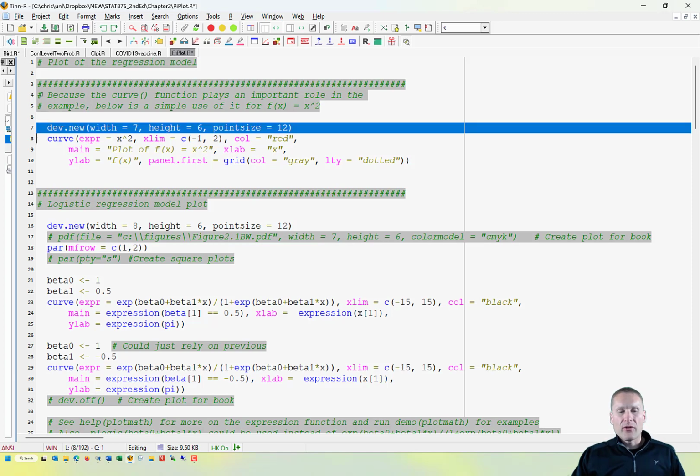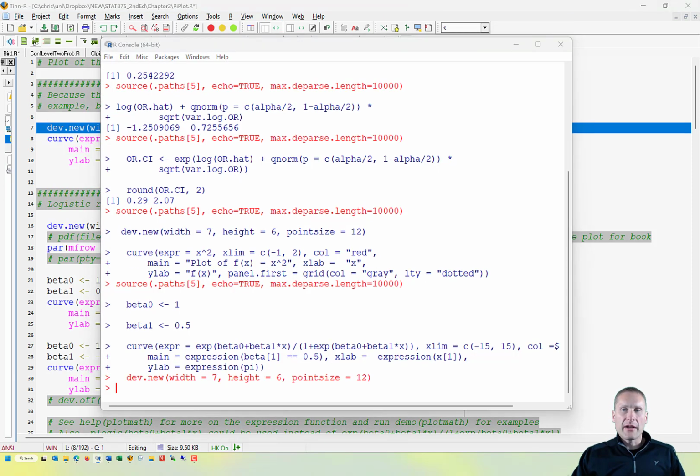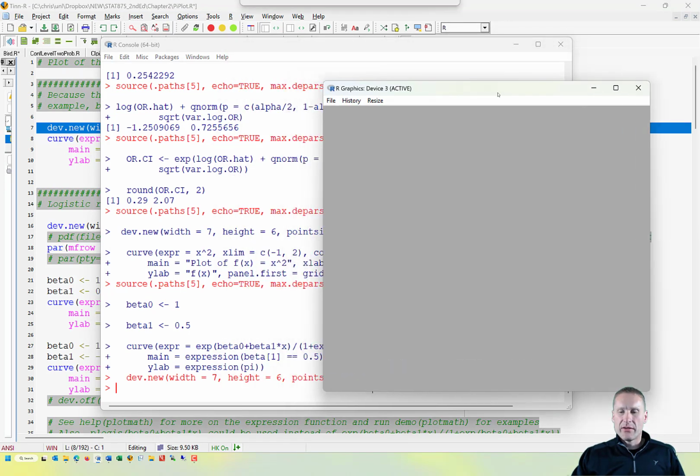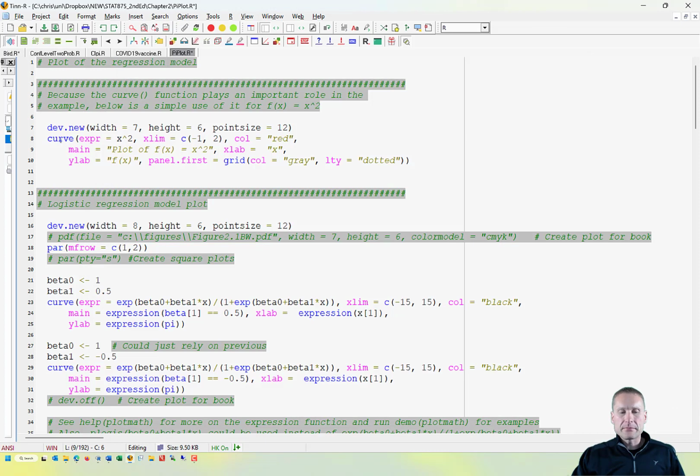Well, how about I first begin by opening up a plotting window with my dev.new function, in a different monitor that I'm using right now. And to plot y is equal to x squared, I use the curve function, where the first argument is expr, standing for expression. My mathematical expression is simply x squared. I want to vary on my x-axis from -1 to +2.